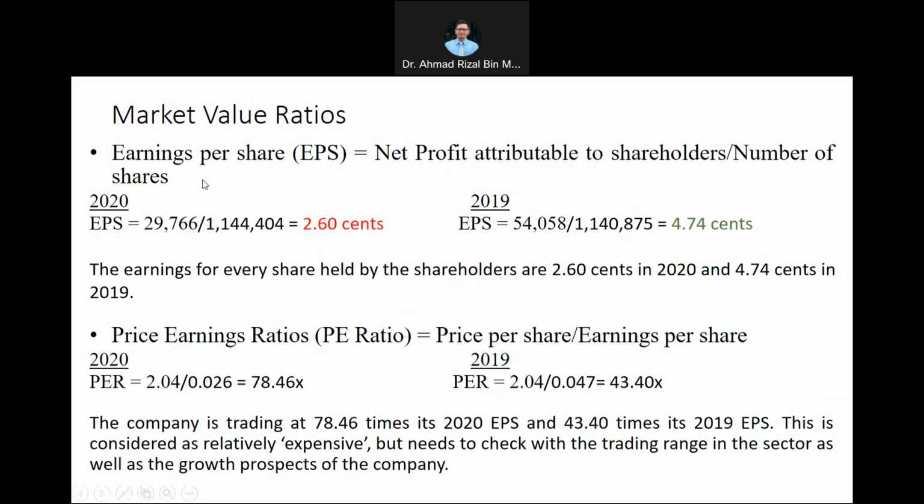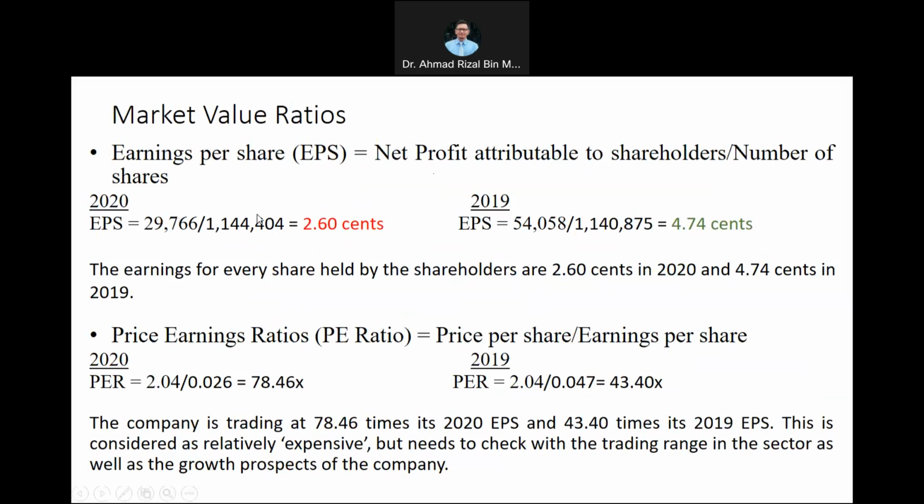In this case, earnings per share is the net profit attributable to the shareholders. This is not the net profit that we use for ROA and ROE, the total. We deduct, as I mentioned, the portion of the minority interest. So for 7-Eleven, there is a difference between the two figures. In 2020, the net profit attributable to shareholders was 29.766 million.